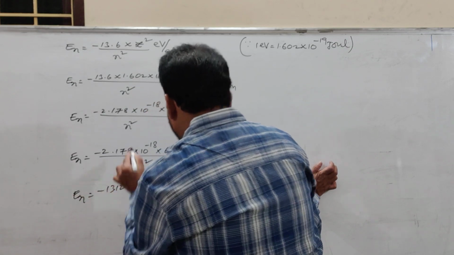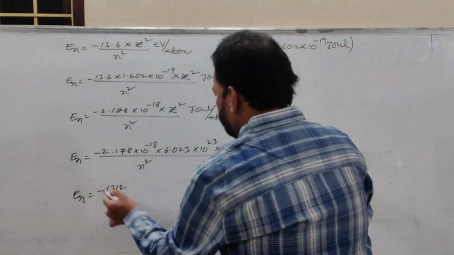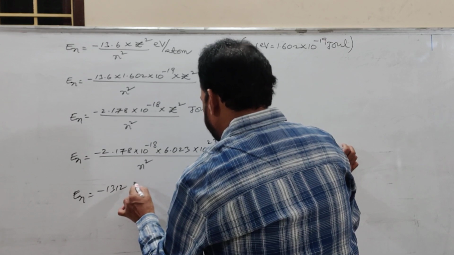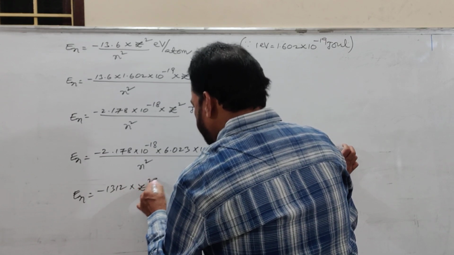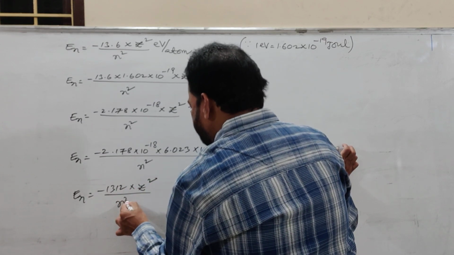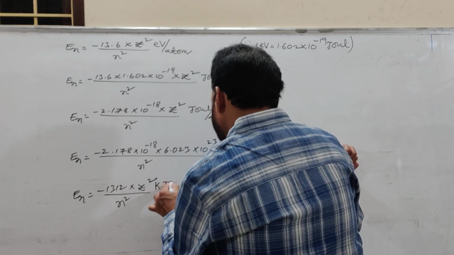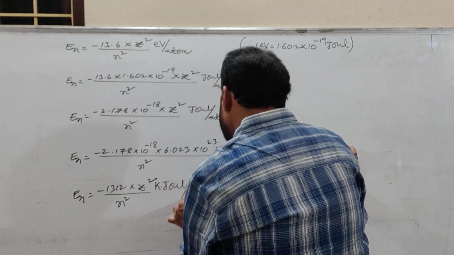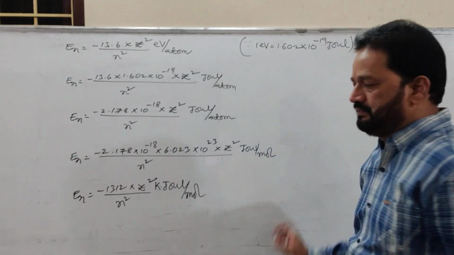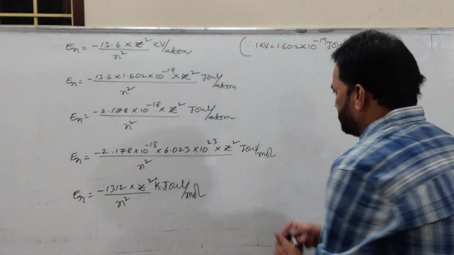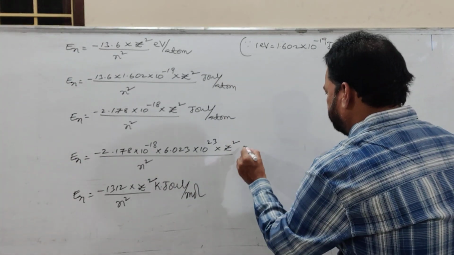However, I am writing one step here. That is minus 1312 into Z square by N square kilojoule per mole. Kilojoule per mole.